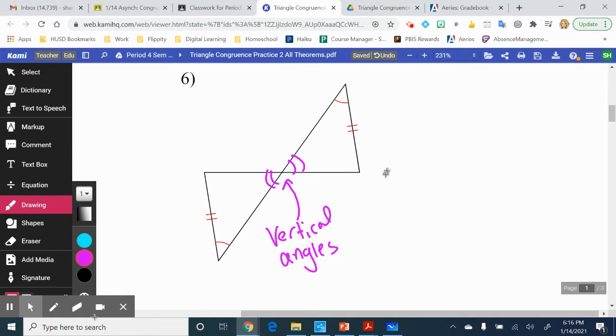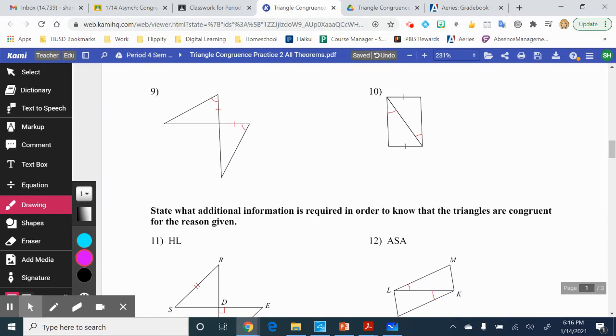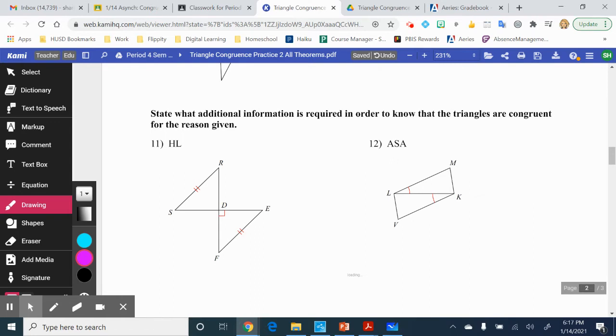So this is congruent by angle, angle, side. All right. Let's go ahead and move on to stuff like 11, 12, and so on.